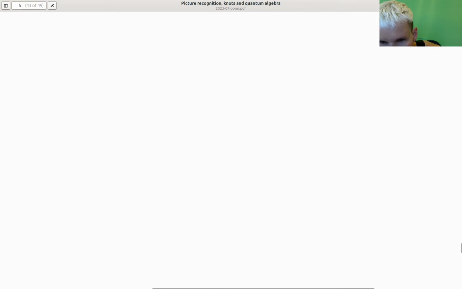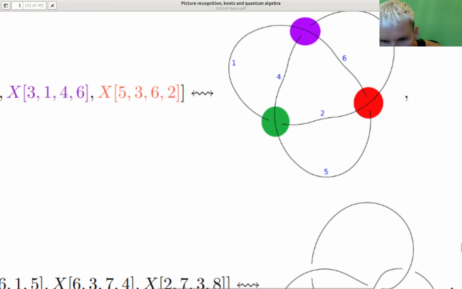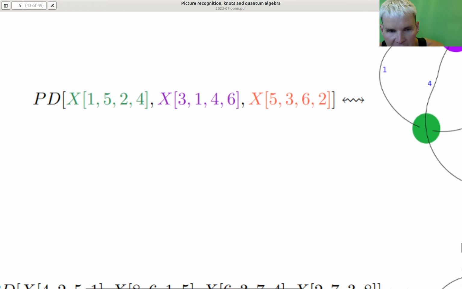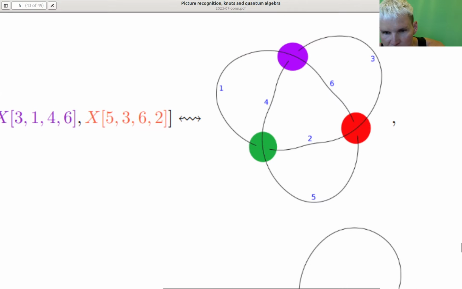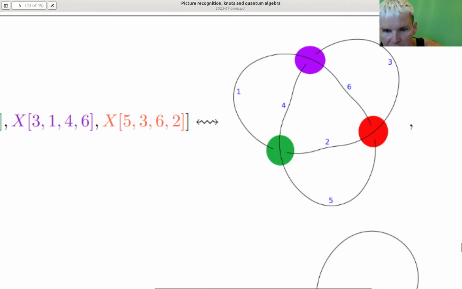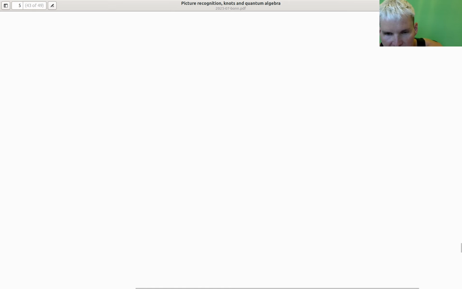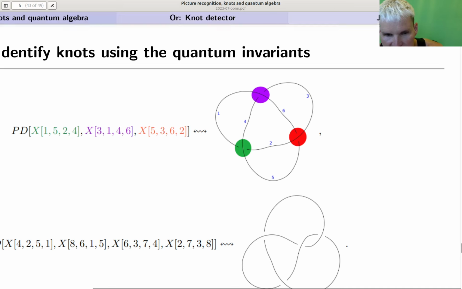Around each crossing, here's a green crossing, you just have labeled edges 1, 5, 2, 4 if you read in clockwise order, and you literally just write that down. X for crossing, 1, 5, 2, 4. The purple one has 3, 1, 4, 6, and the red one has 5, 3, 6, 2. And this is an algebraic presentation of the knot diagram.